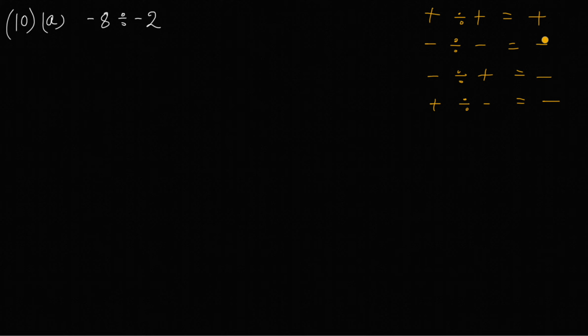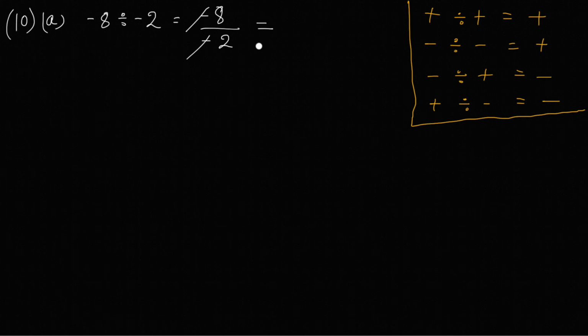Keep this in mind and let's proceed. So here we can write minus 8 divided by minus 2, minus minus will cancel out, this is 4.